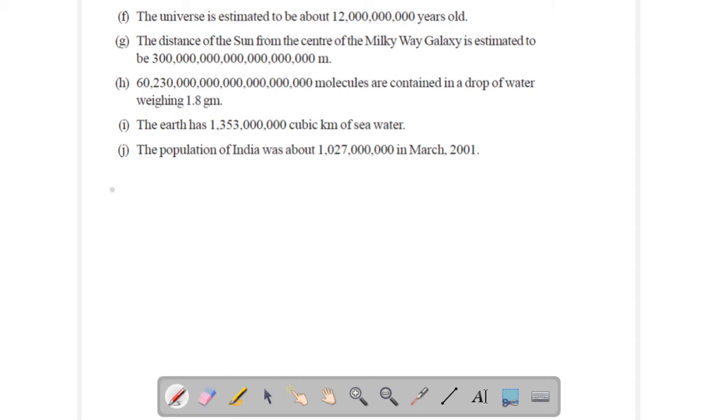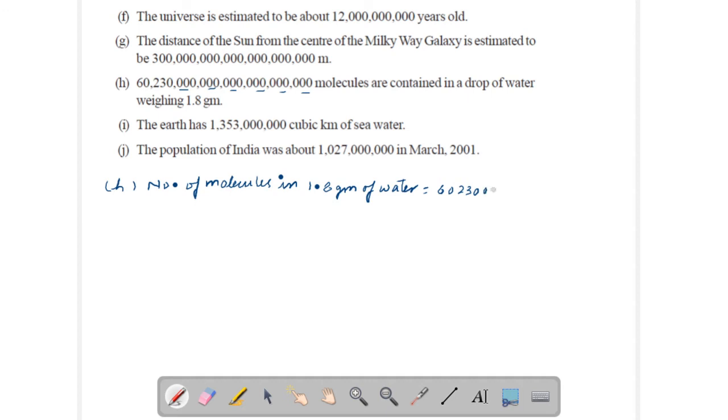Now come to H part. The number of molecules in 1.8 gram of water is equivalent to 602,300 followed by 18 zeros.